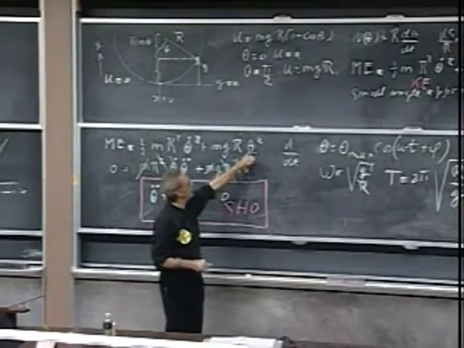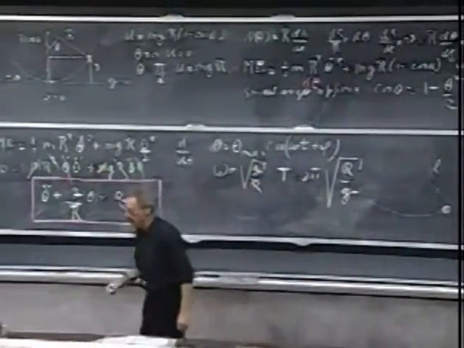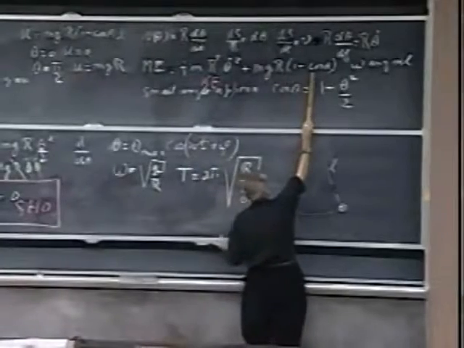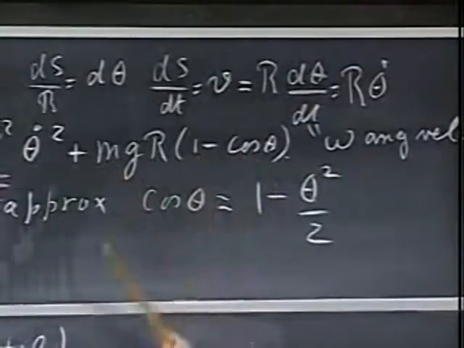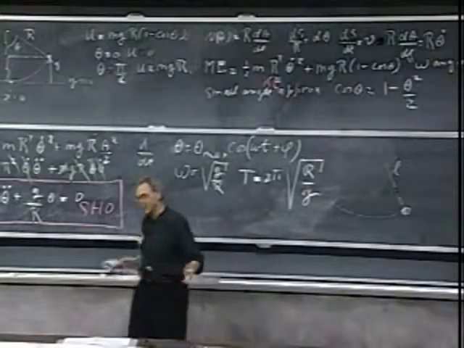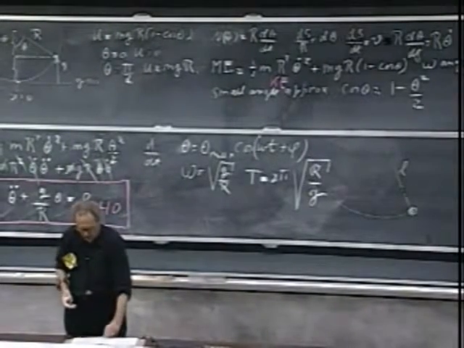That's really what we did. You see, that is the term of the potential energy that you have there. And by the approximation of cosine theta being 1 minus theta squared over 2, we forced this term to become quadratic in theta, and therefore now, with that approximation, it becomes a perfect simple harmonic oscillation.